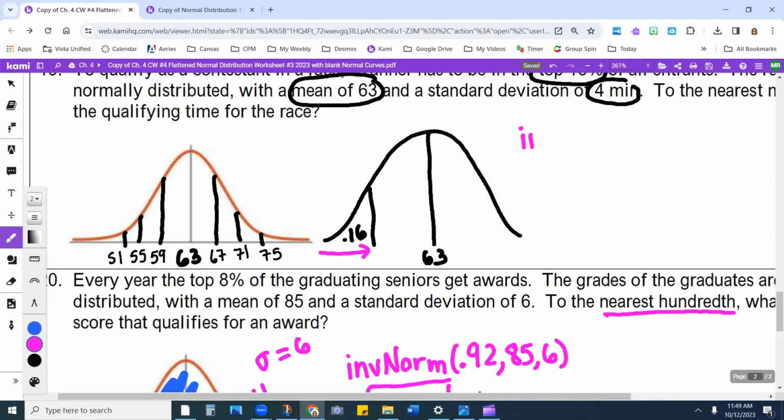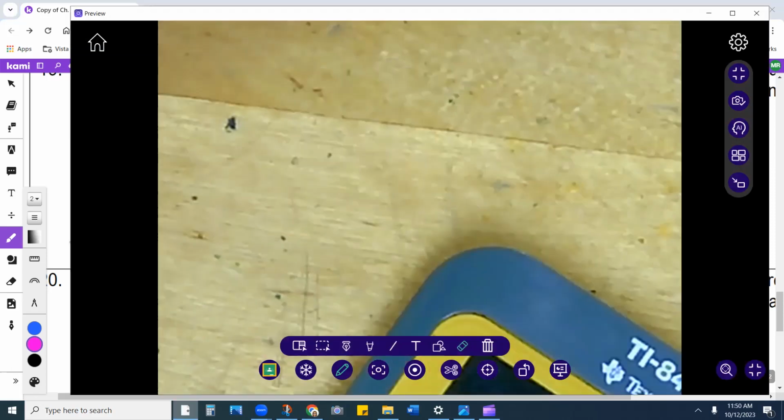We are doing inverse norm, because I know the area and I want the value. I want to know what is this value right here? So inverse norm, my area I'm looking for is 0.16, my mean is 63, my standard deviation is 4. And then I'm going to put that into my calculator.